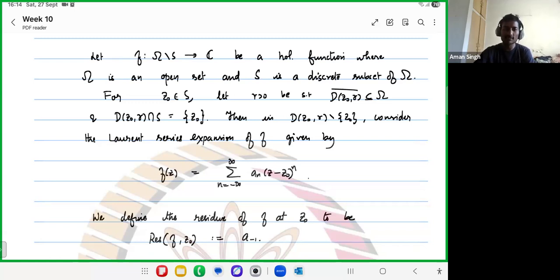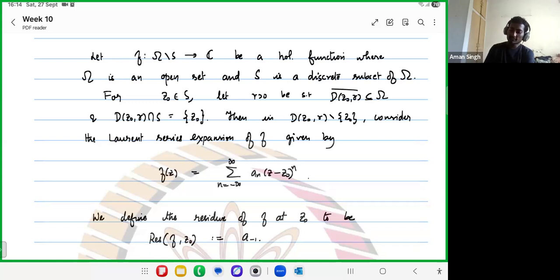So the Laurent series expansion is given in an annulus. In the deleted neighborhood case, the first radius is zero, and the second radius is something bigger than zero. Okay, so it becomes an annulus.